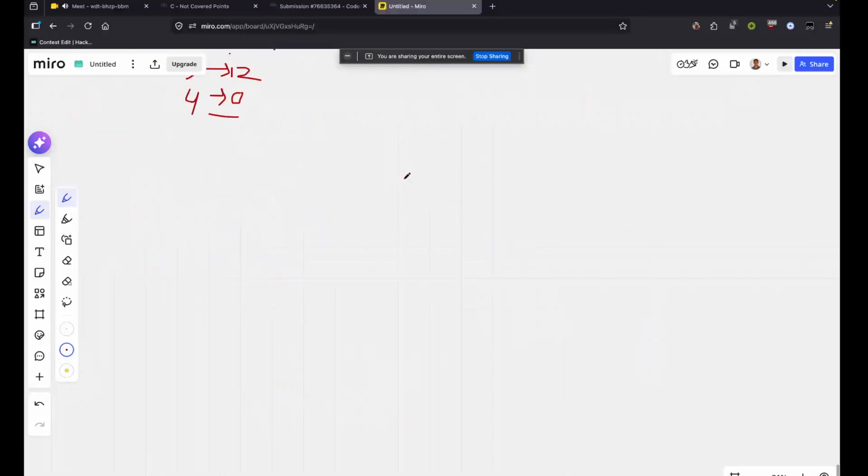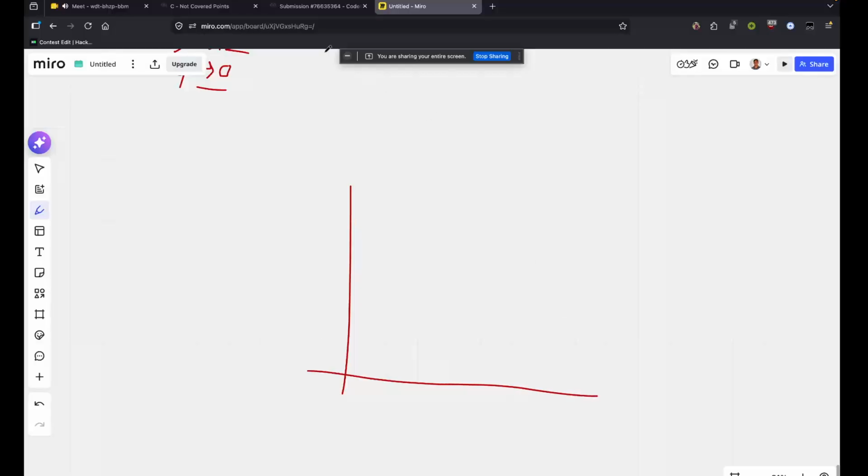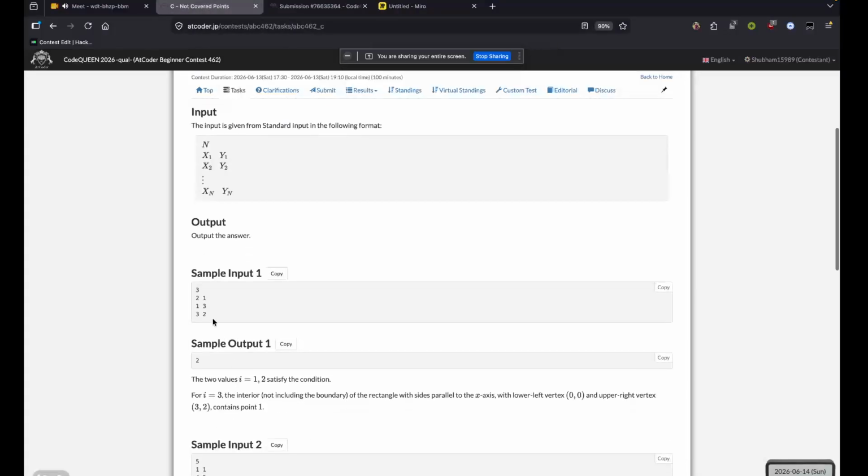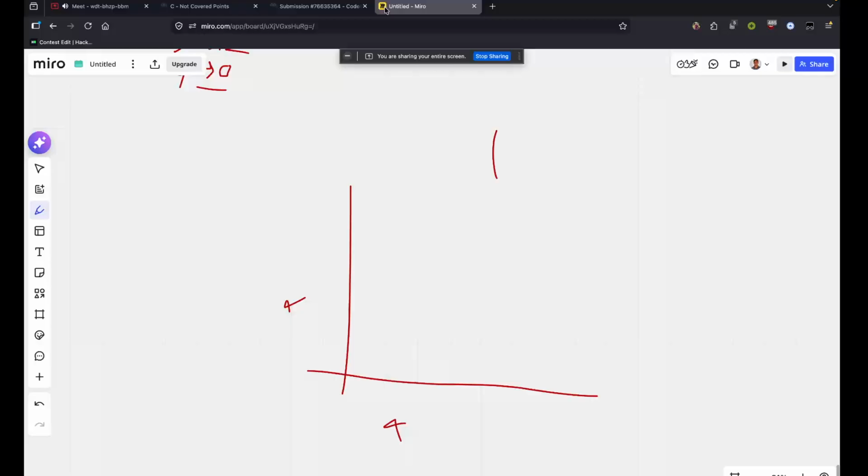So the question is like this. Suppose we have a two-dimensional plane. All coordinates are positive, so we'll not look into the negative axis. We have some coordinates given, like if I take a test case here, this is the test case.